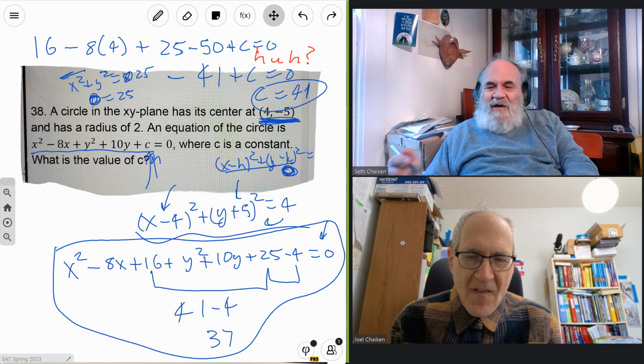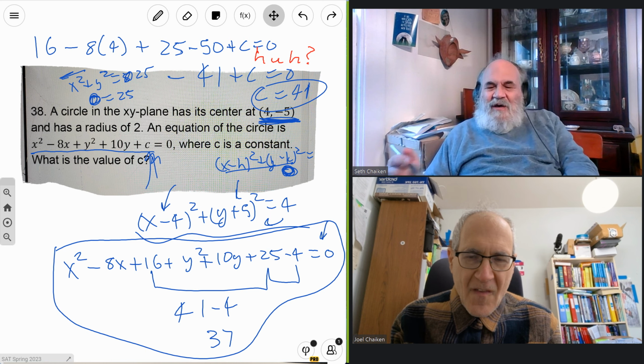Here's the example. Take this equation of a circle, which is in the form that reveals the center and the radius. Now let's transform this into an f of x equals 0 type equation.